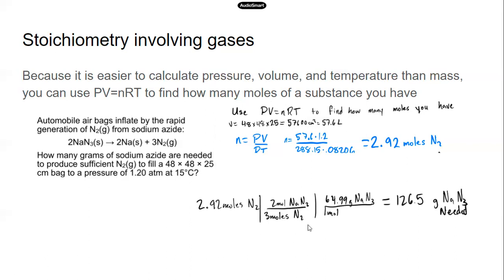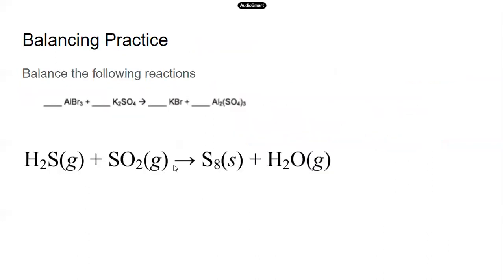Once you do that molar ratio down here, your 1 mole of NaN3 has a molar mass of 64.99 grams. So that means that you need 126.5 grams to fill that space of the gas.